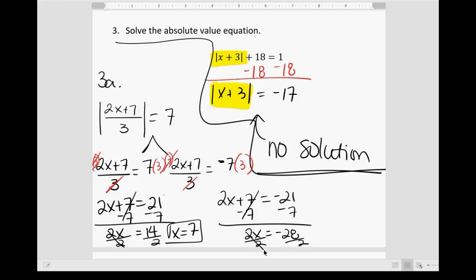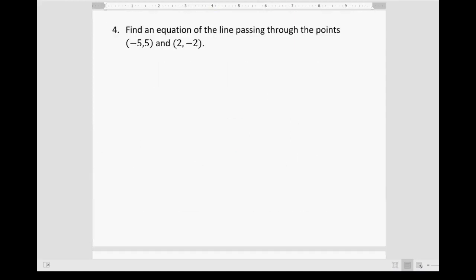And then divide by 2 to solve for x. So x equals negative 14. And these are my two solutions: x equals 7 and x equals negative 14.